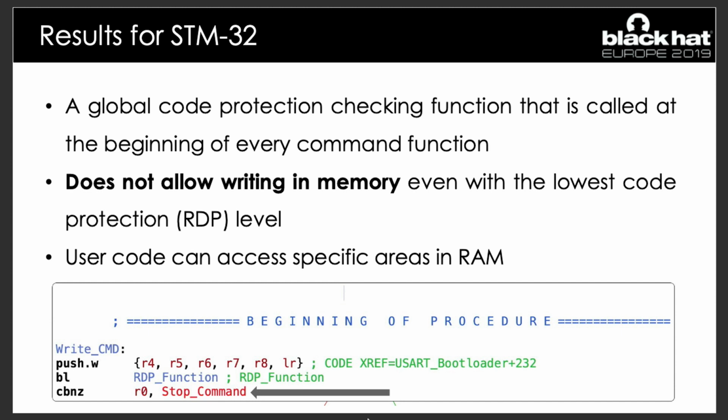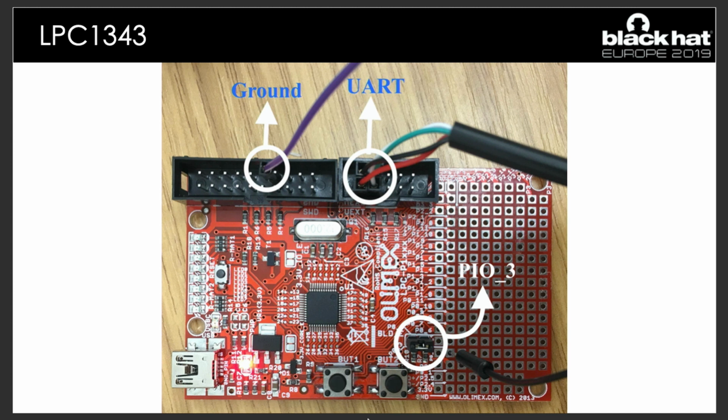Now we go for the interesting stuff for the LPC guy. Yes, so here is our setup for exploitation. It's just a UART cable, straightforward, and no glitching or that stuff.